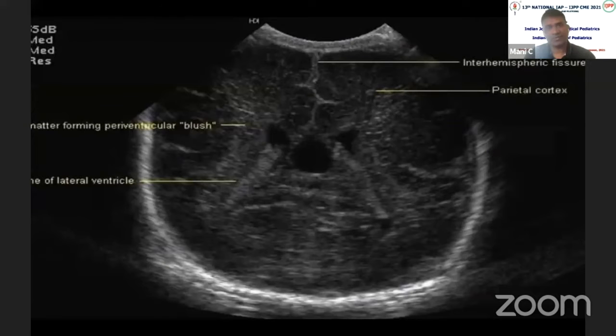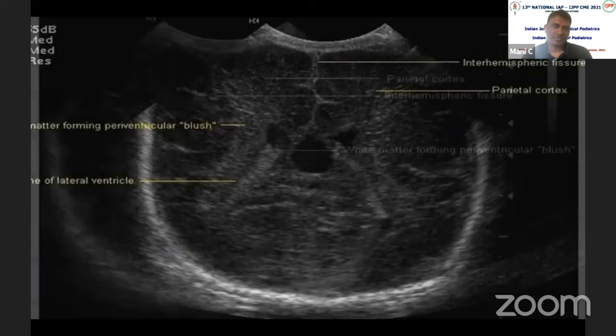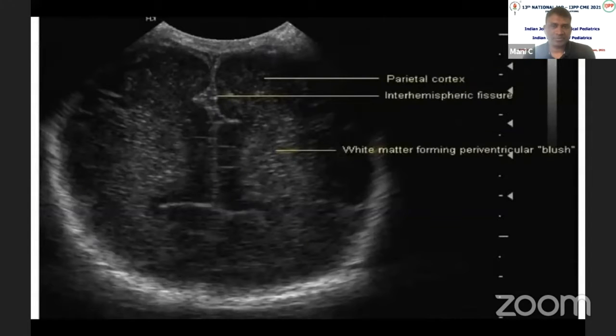This is also the area where we see the periventricular white matter, where there can be abnormalities which need to be identified. This is a normal periventricular white matter you can see at this point, and then you can see the interhemispheric fissure as well. Further back, we get a clear picture of the white matter, periventricular at the level of the parietal cortex. It is also an important area in preterm infants where you can see periventricular leukomalacia.